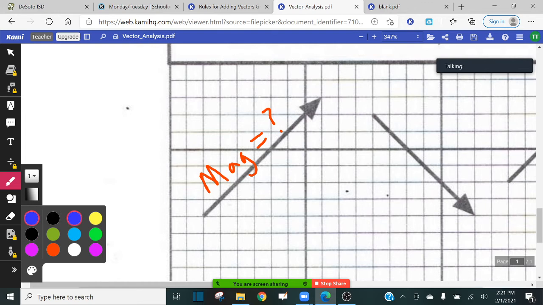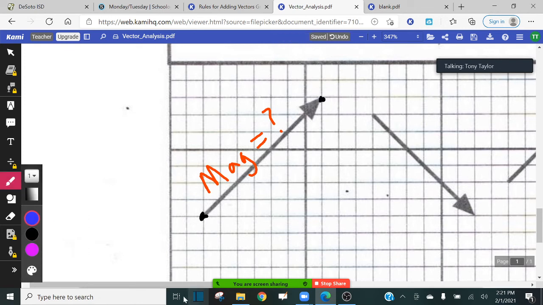So what you want to do is count how long the vector is in the x direction and how long the vector is in the y direction. And y'all should know how to find this. Basically, you count the squares from this point to this point.